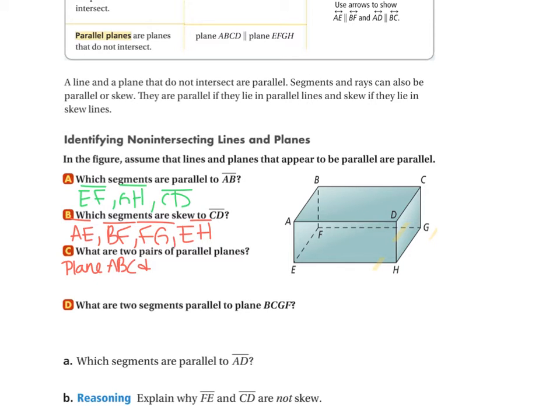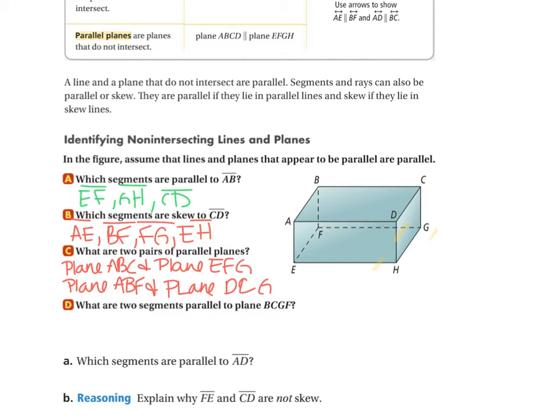You could say left and right sides or front and back. I'll say left and right, it doesn't matter. So the other set would be plane ABF and plane DCG.